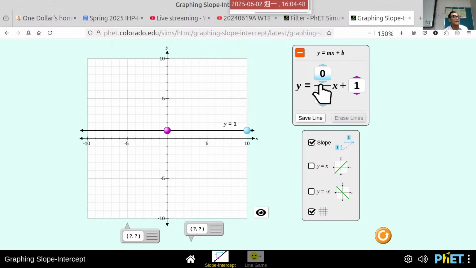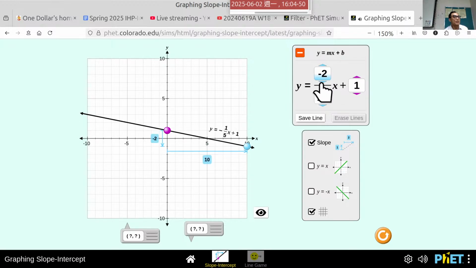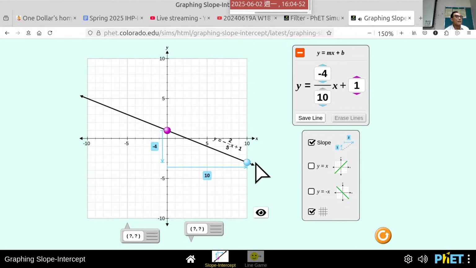Sure, you can click here: -1, -2, -3, -4. The slope changes direction. And the definition is here: the distance from the x-axis, that is 10, is in the denominator. Here, the distance is -4.